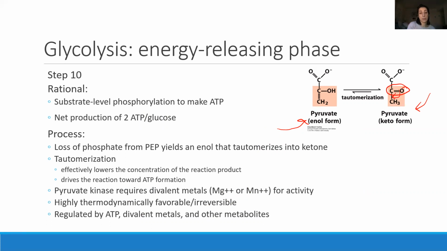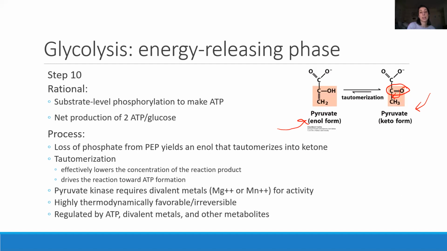The reason this is important to talk about that pyruvate undergoes this is because it is one way that effectively lowers the concentration of the product. So it will help drive the reaction to continue to form more pyruvate, because if pyruvate is in the enol form versus the keto form, effectively it looks like there is not as much pyruvate around, and so the reaction will continue to form pyruvate.